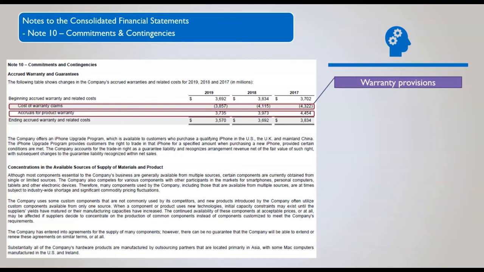This table effectively rolls the opening balance, backs out the actual costs incurred during the year, and then adds any additional accruals or best estimates the company feels they need to add to this accrual balance. In total, we can see that Apple has accrued on the books approximately $3.5 billion relating to warranty provisions.